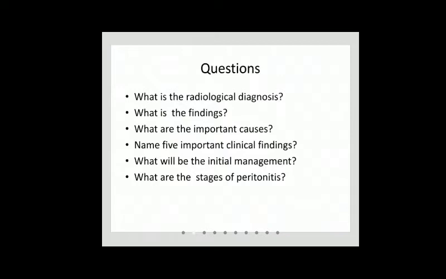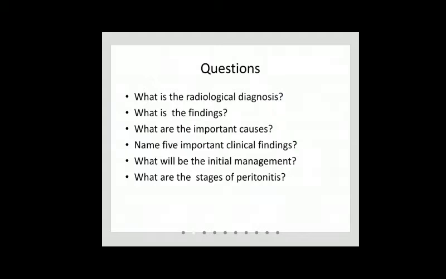There is a most important finding, the obliteration of the liver dullness. On percussion, there is obliteration of the liver dullness in the right fifth intercostal space.